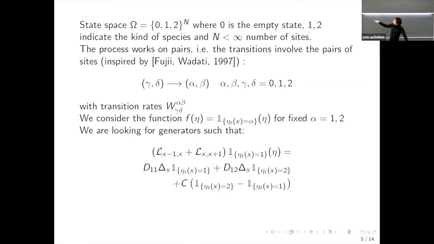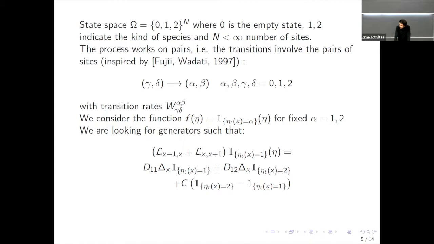Here the action is a constant, called the diffusivity constant for species 1 into itself, multiplied by the so-called discrete Laplacian, in some sense a center difference Laplacian of the first indicator function, plus the crossing diffusivity term times the discrete Laplacian of the indicator of the second species, plus a linear term that mimics the reaction part.